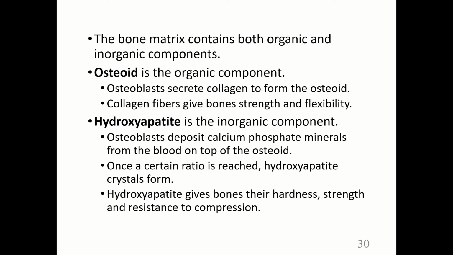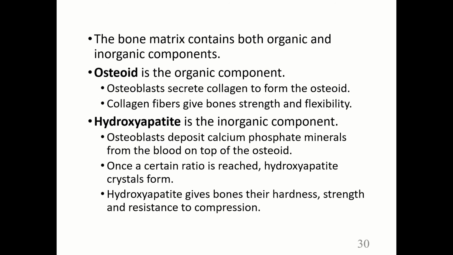The bone matrix contains both organic and inorganic components. The osteoid is the organic component. The hydroxyapatite is the inorganic component. In the osteoid, the osteoblasts secrete collagen. Collagen fibers give bones their strength and flexibility.